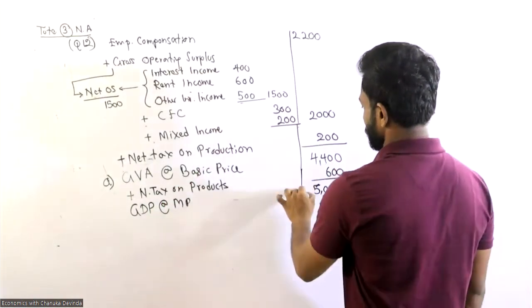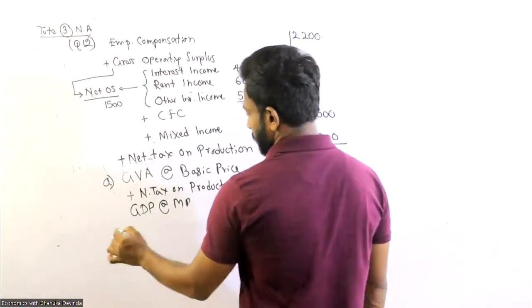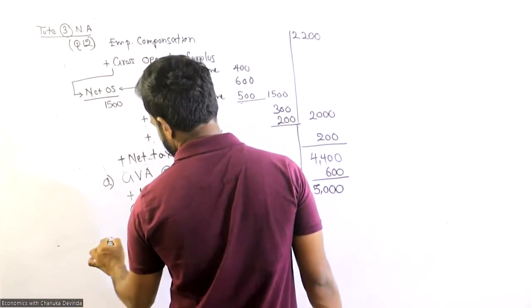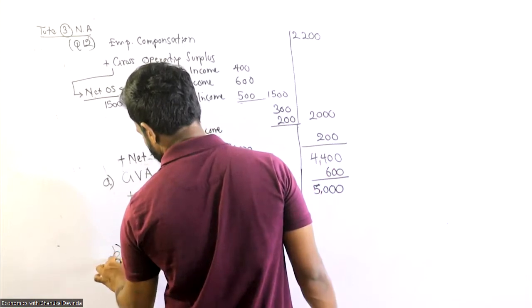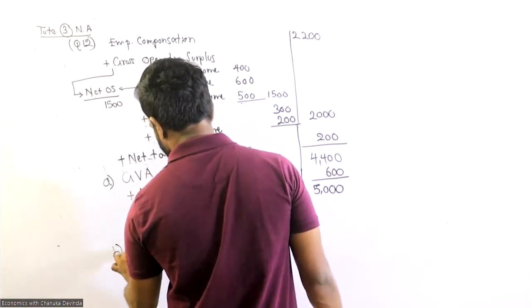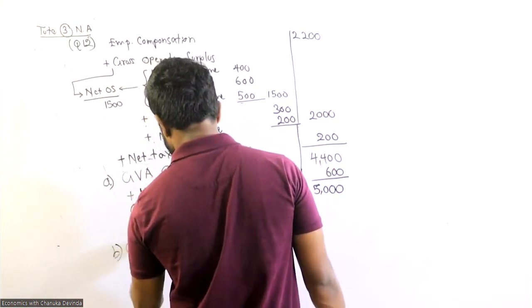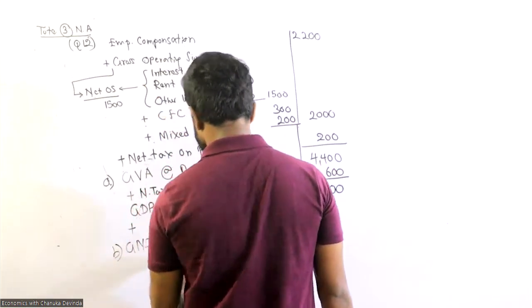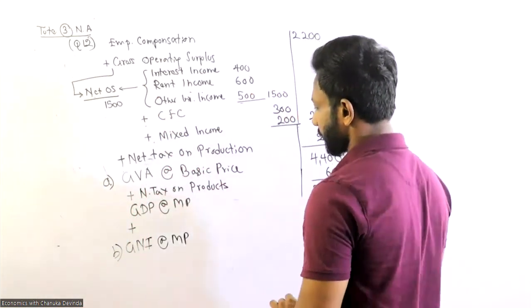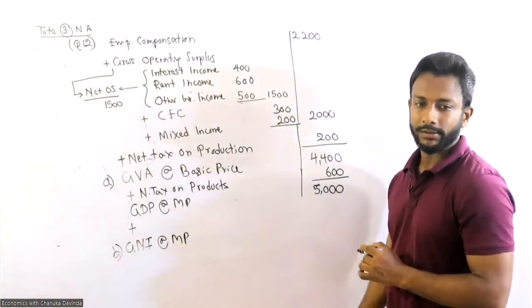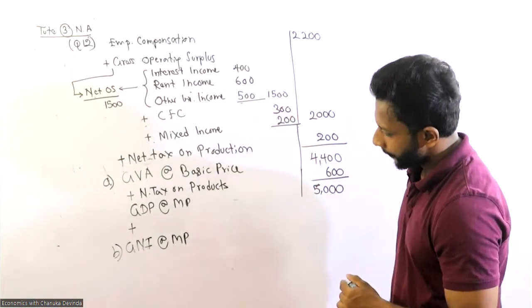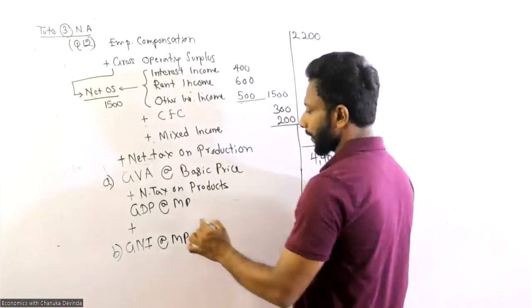And so we need GNI at market price. GDP එක transfer කරන්න නම් GNI එකට we have to add what? Primary income, net primary income.